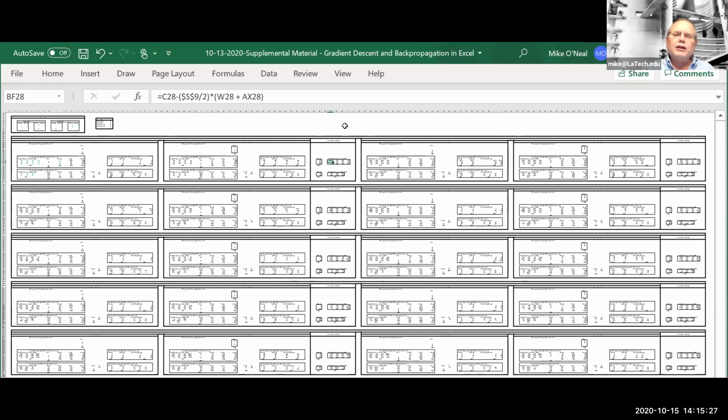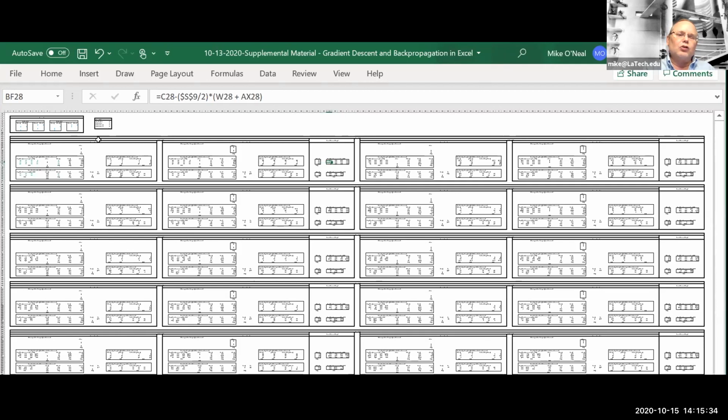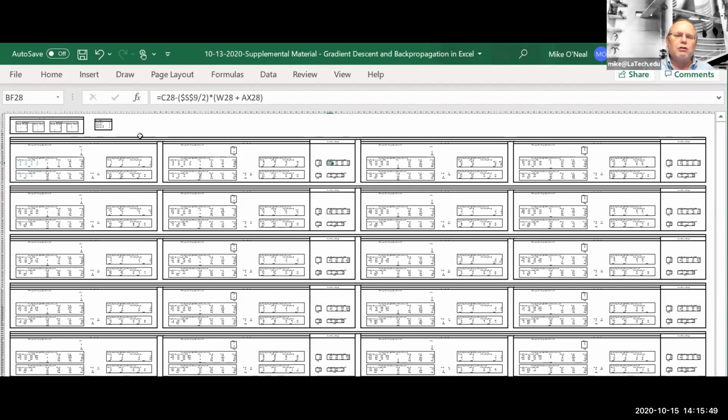And then within each epoch, you have 2 mini batches. There are 4 inputs to this network. This one represents running 1 input. This represents running a second input, a third input, and a fourth input. But I have them broken into 2 mini batches of 2 each, just so that I can show you mini batches and how those work.